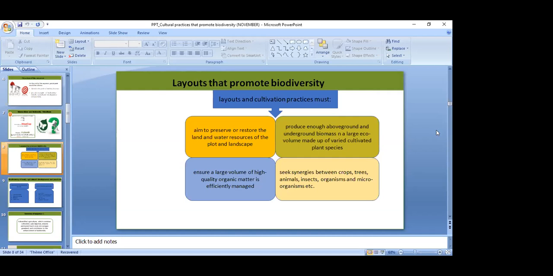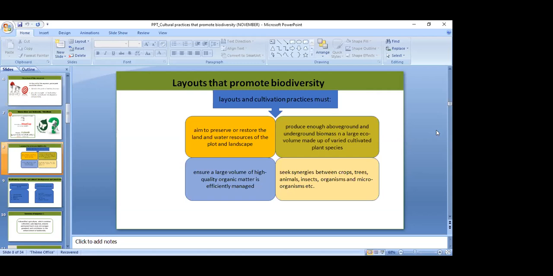And number 1 is they must aim to preserve or restore the land and water resources of the plot and landscape.